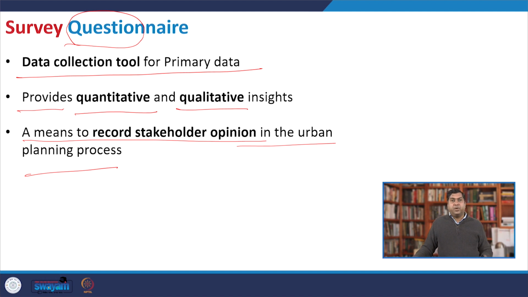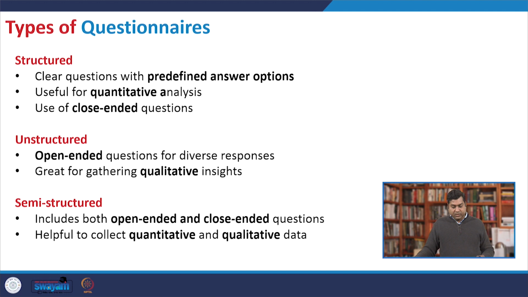Many times, through an interview, you go for some advanced text mining to understand and extract the perspectives of different stakeholders, and then you can collate it to bring out what is to be done in that particular planning process.